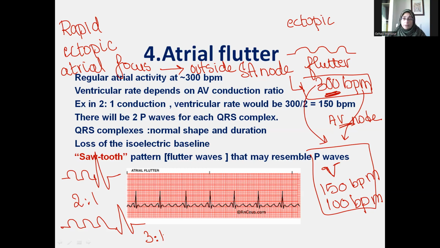And why does this happen? In order to protect the ventricles against a high rate. Why is a high rate injurious or harmful to the ventricles? Because if you have a high heart rate, this would shorten the cardiac cycle, and the shortening of the cardiac cycle occurs at the expense of diastole, and therefore there would be 2 bad consequences.